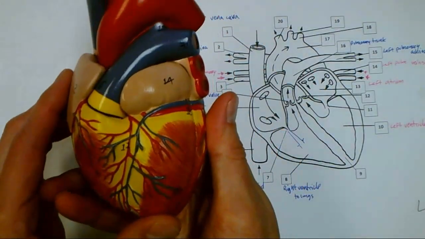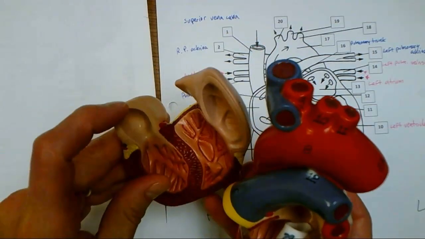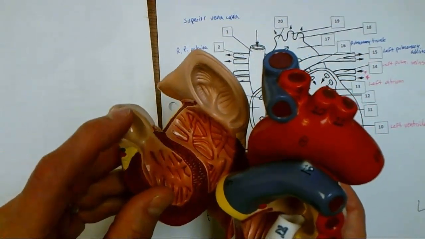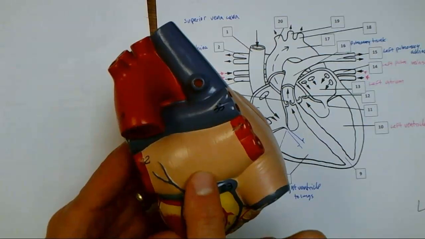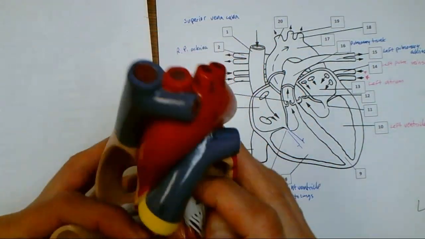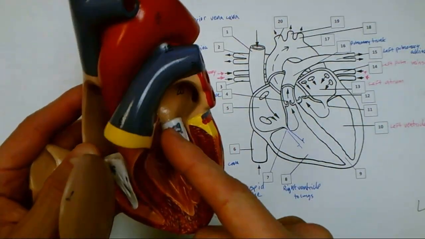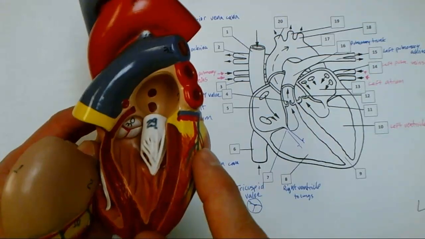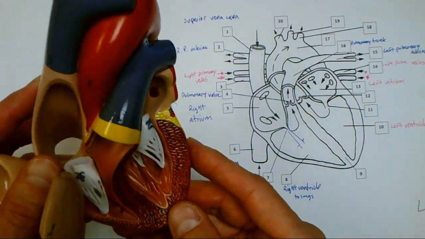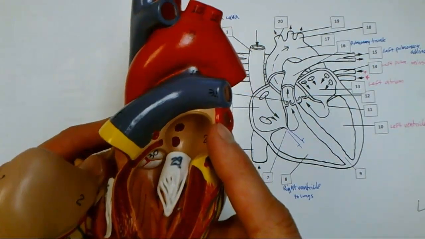And so on the front, there's a little bit of the atrium, sorry, this is the left atrium. There's a little bit of the atrium right here, but it's mostly to the back in that part here. So you can see the blood coming in there and there from the lungs.